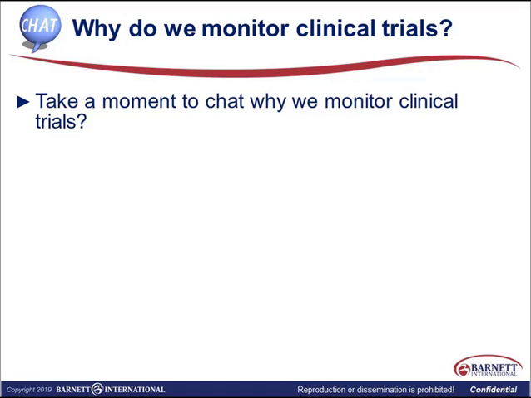So we do it for compliance. We do. Any other thoughts as to why we monitor our clinical trials? We want to ensure compliance at the site level. What are we seeking compliance to? Oversight of good clinical practice.